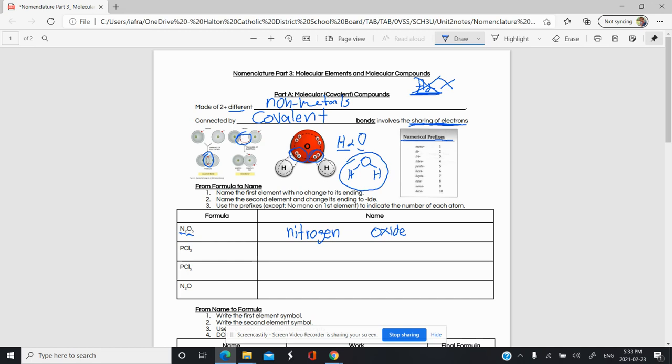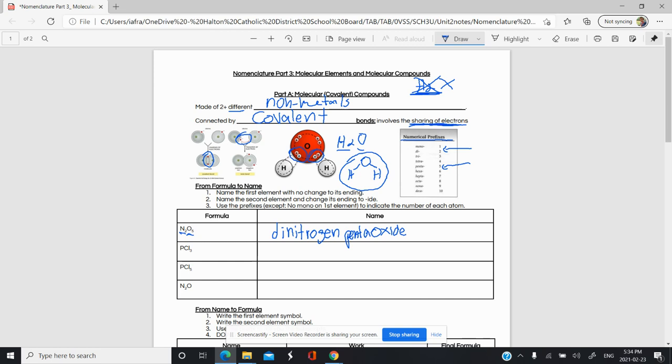You didn't do this in ionic compounds, but we're doing this in molecular compounds. So here we have two nitrogens, and based on the Greek prefix, that is dinitrogen. And then for the oxygen, there's 5 of them. And so based on the Greek prefix, that is penta. So dinitrogen pentaoxide.